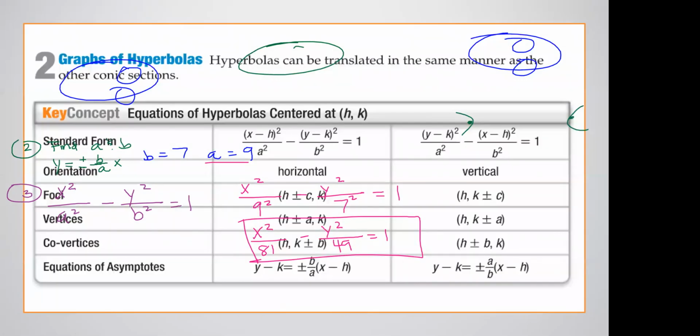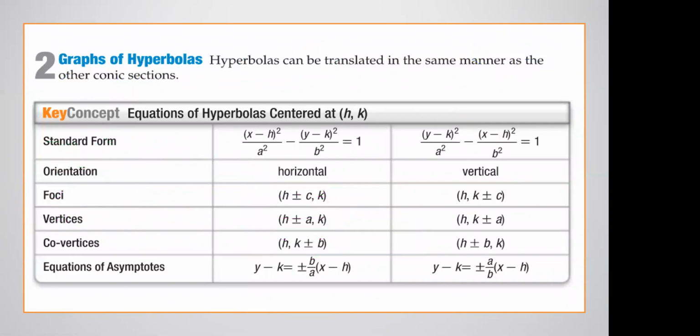And now you're not always going to have hyperbolas that are centered at the origin. If you have a hyperbola that is not centered at the origin, then you would use this information. Once we have the center, then we know the values of h and k, and then we need a and b.